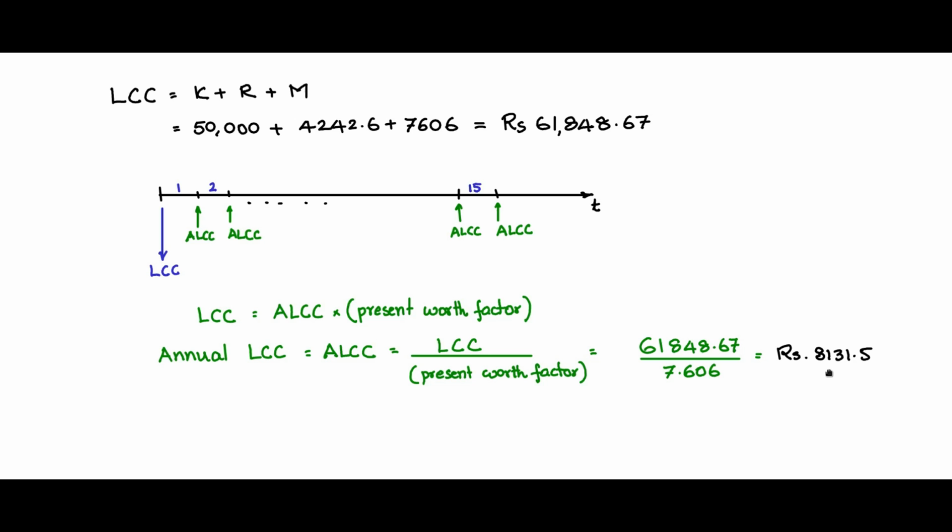What it basically means is that this value of 61848, the total system cost as of today, all reflected to the present time frame, is equal to saying that every year for the next 15 years I pay 8131.5 every year till the end of the 15th year.